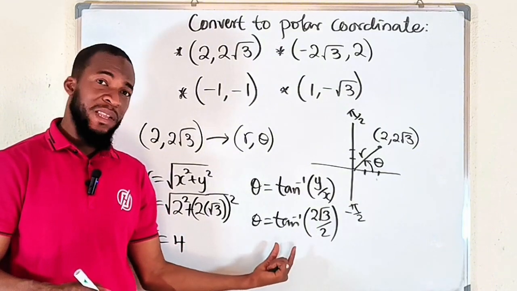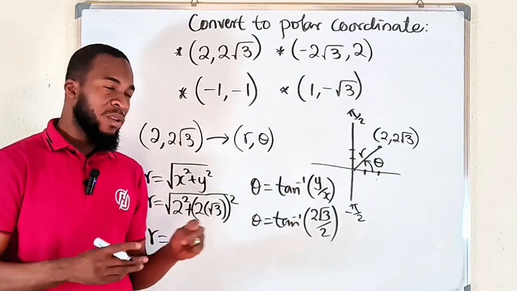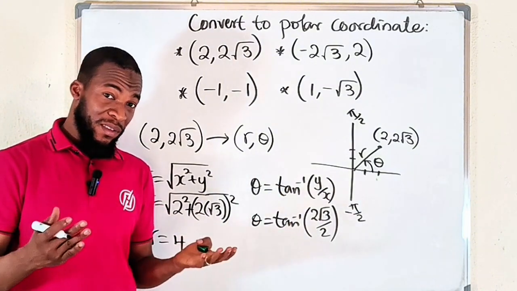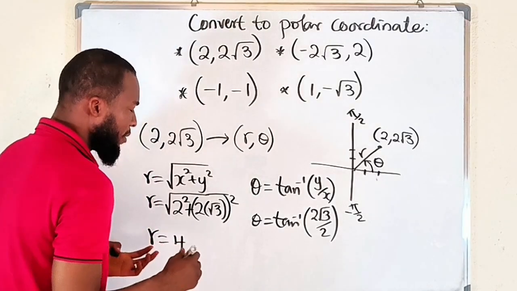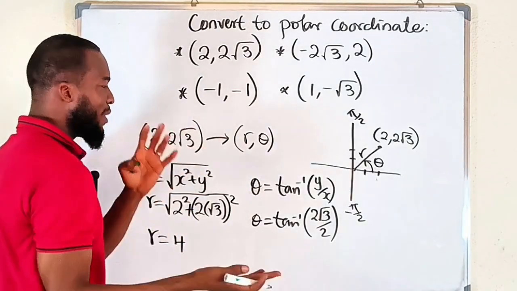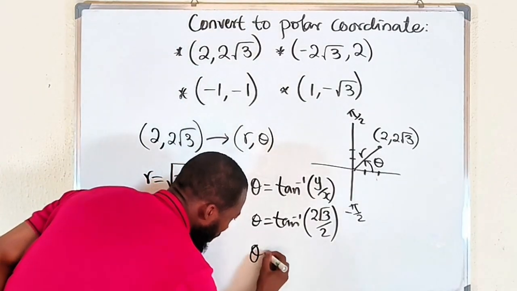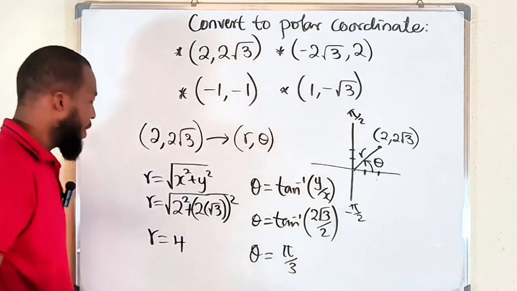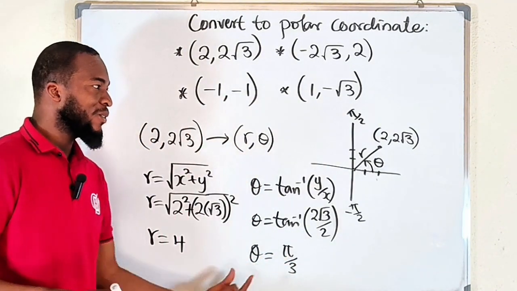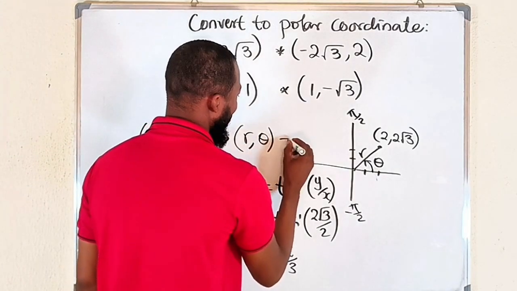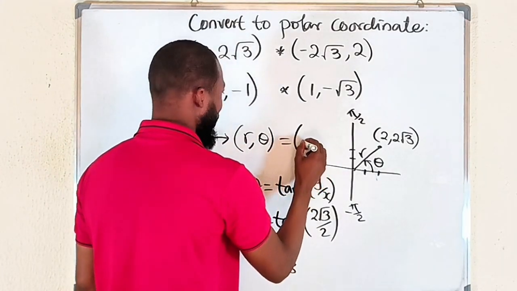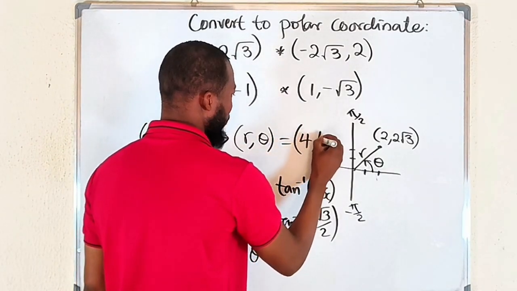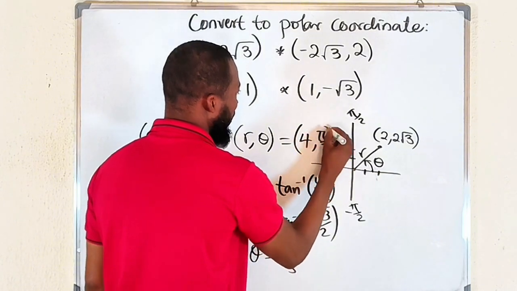All we have is tan inverse of √3, which is going to give us either 60 degrees or pi divided by 3. Let me be interchanging them. In this case, I'm going to use pi over 3. So we have our r and we have our theta. So you can confidently write them here. So we have (4, pi divided by 3).